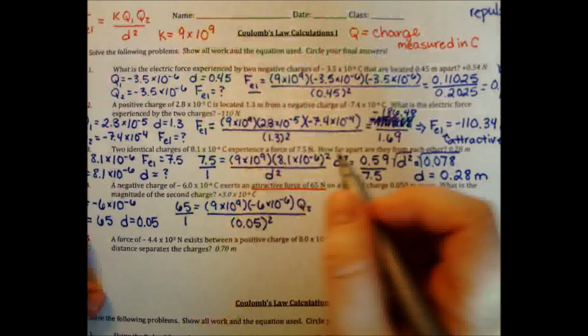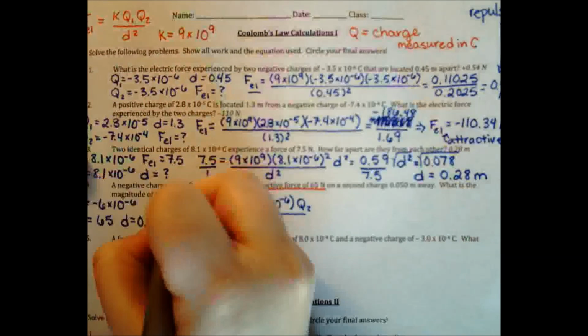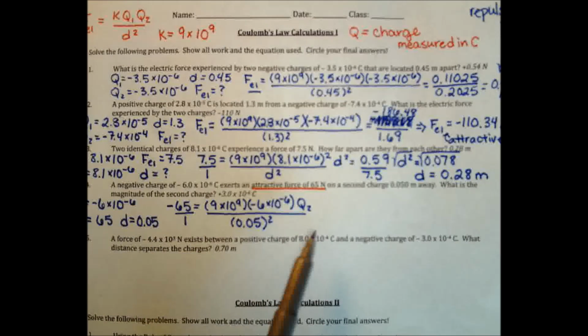Why, that's right, student, it's not here with me. Those have a negative charge, so even though it just said 65, the fact that it's attractive means that that's a negative number, which is good, because if we had worked that with that as a positive number, it would give us Q2 as a negative number, and a negative can't attract, and something would be amiss.